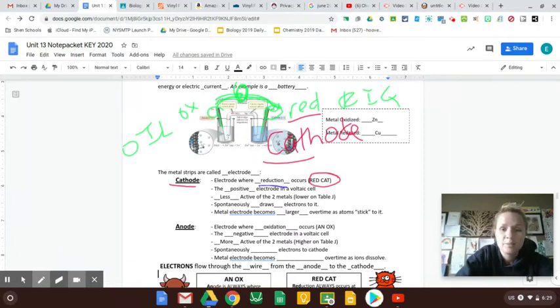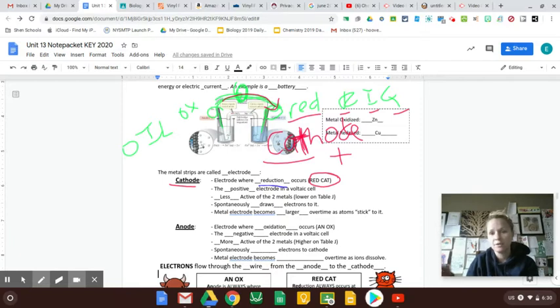It is the positive one, and a lot of people remember that either because the T in cathode looks like a plus sign, or if you like cats. I think we talked about this before with cations being positive, so we said, okay, cat, if you like cats, then they're a positive thing. So either way, the red cat is the positive end, and it's the one that's gaining electrons. The electrons are spontaneously flowing to it because reduction is gain.